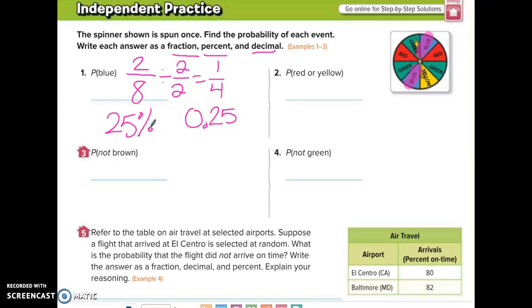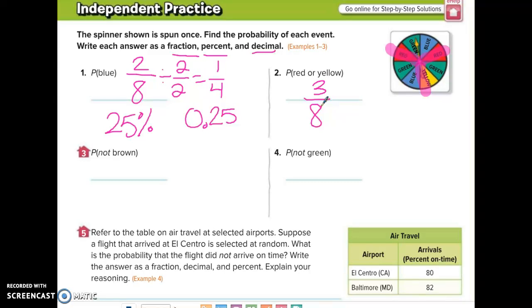On number 2, we have probability of red or yellow. So again, I am looking at my spinner, and I'm going to select the reds and yellows. So you can see right there, I highlighted 3. So I have 3 favorable outcomes, and I still have 8 total outcomes. 3/8 cannot be reduced, so I'm going to leave it as a fraction.